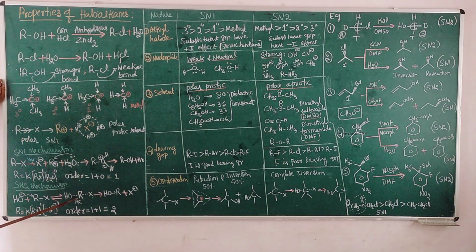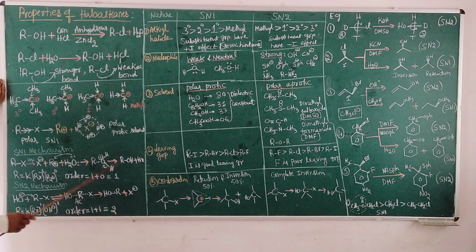Now this is reversible. That is, it can go back or we can proceed like this. So it depends on the stability of this complex, the stability of the carbocation. When the intermediate decomposes into this and this, as the bond becomes stronger and stronger, X minus breaks away and it becomes OH, or alcohol.